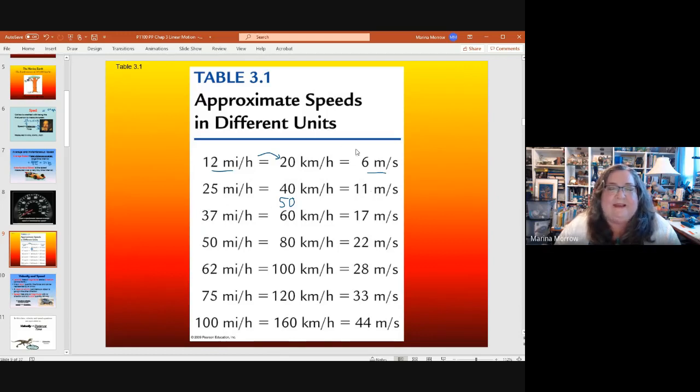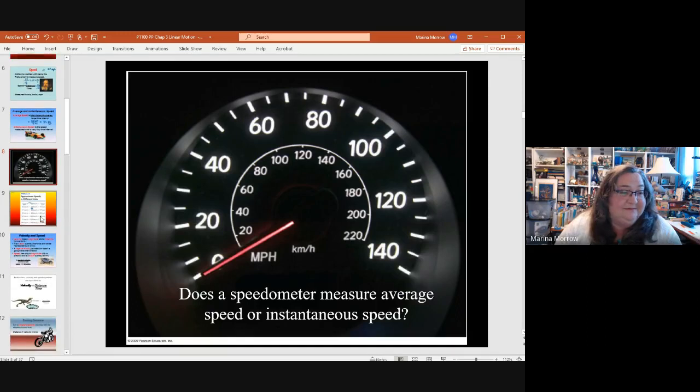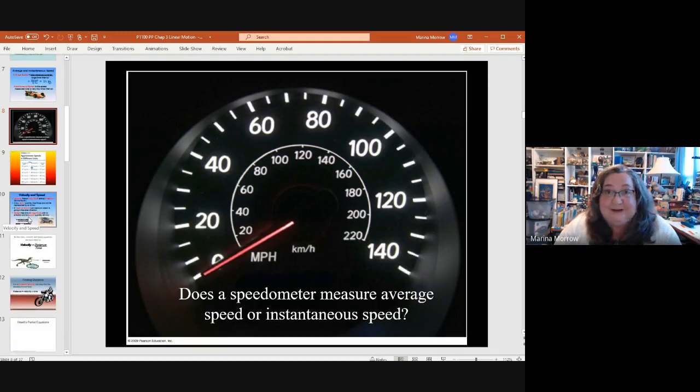Usually we're just using meters per second and miles per hour. We're hardly ever using kilometers per hour in this book. They try to keep things simple. But your car, of course, has a kilometers per hour conversion on it. Usually your speedometer has kilometers per hour too, just in case you take it over to Europe or Canada or almost anywhere else in the world, because almost no one uses the British system nowadays.